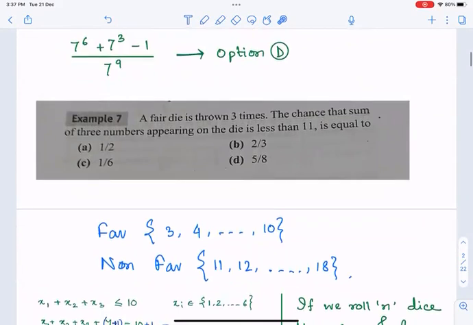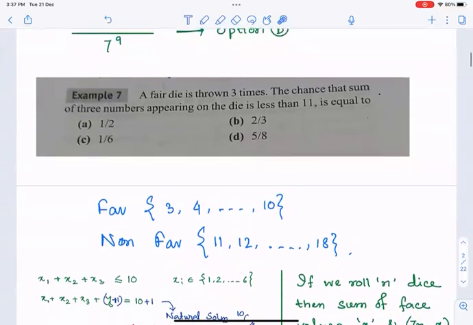If the three face values are x1, x2 and x3, then what we want is x1 plus x2 plus x3 less than or equal to 10, where each xi varies from 1 to 6. Is that clear? Yes, sir.